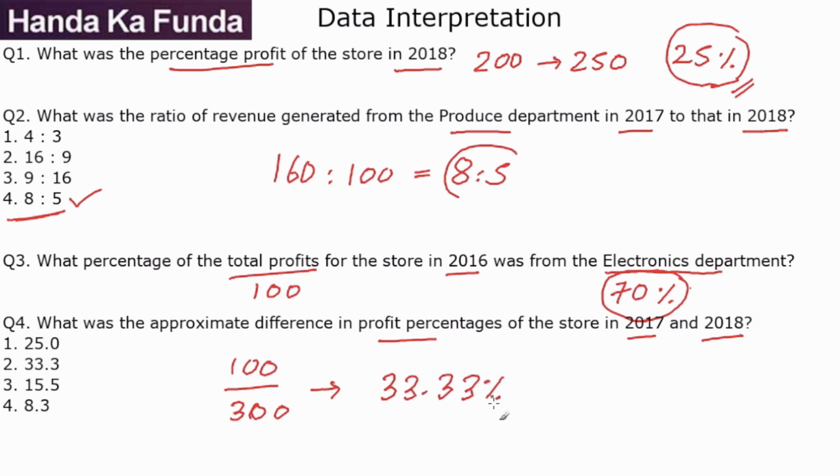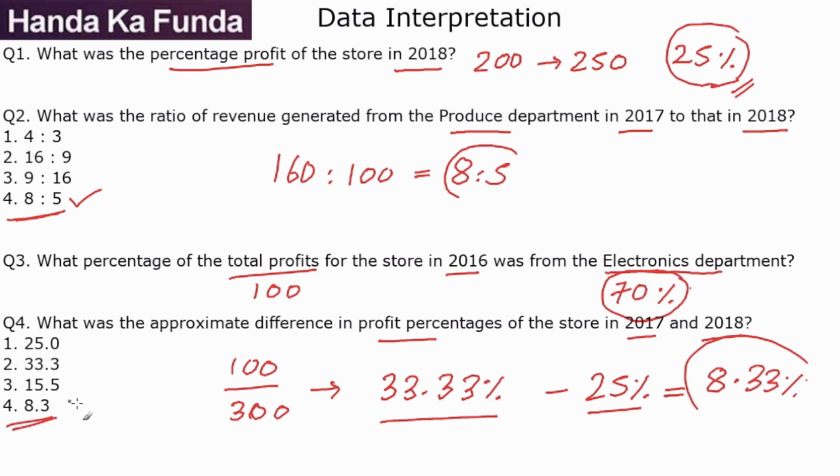And we have to find out the difference between 2017 profits and 2018 profits, which were 25%, and the difference between them comes out as 8.33%, which is, do I have that in the options? Yes, I have that in the options as option 4, and that will be my answer here.